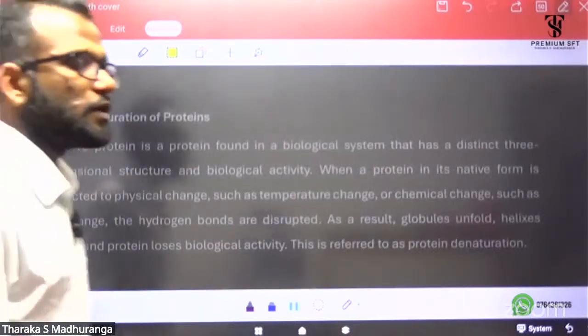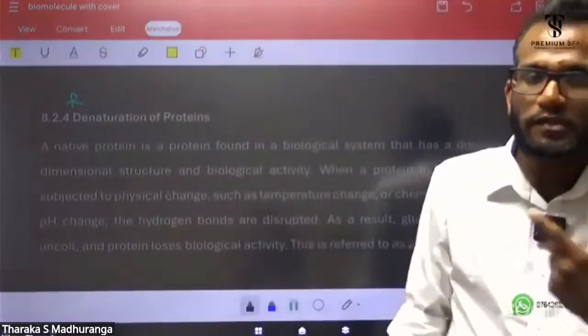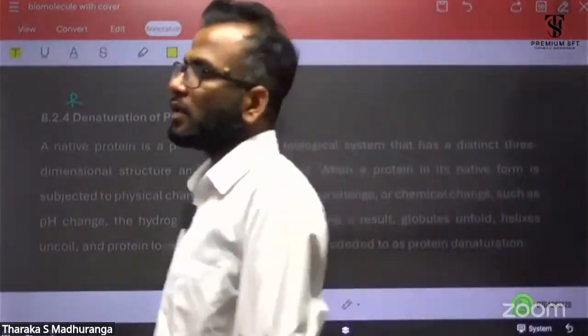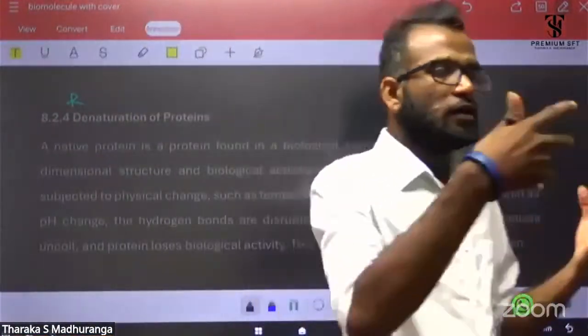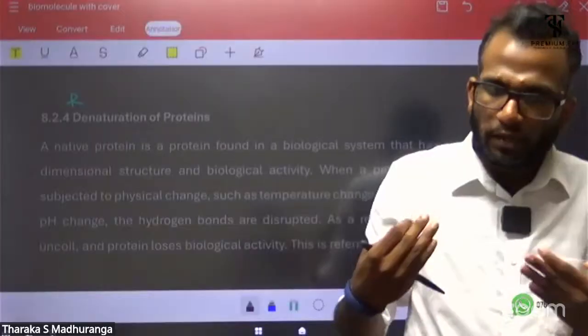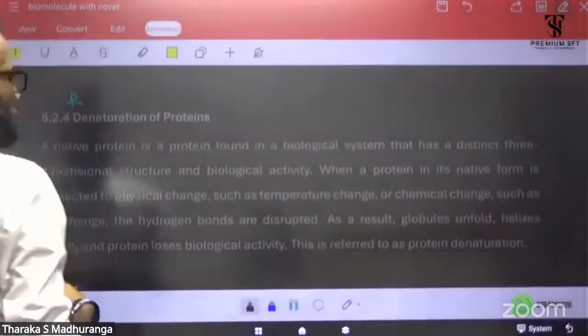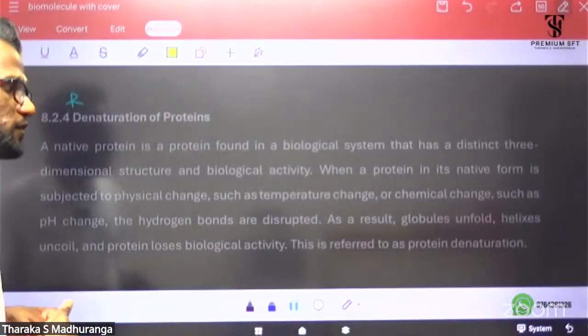Okay, the final topic that we already discussed, protein denaturation. Protein denaturation means simply changing the physical state of protein permanently.